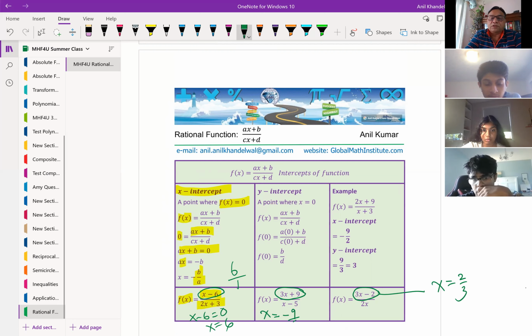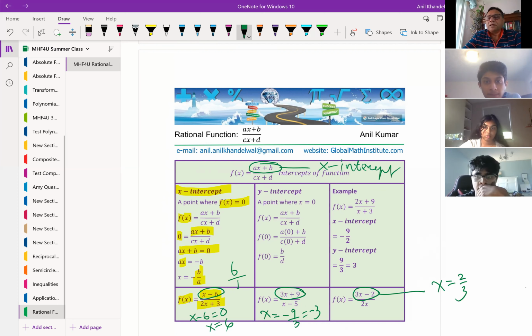So 9 over 3 will give you minus 3. You see how easy it is now? Any rational function of the form ax plus b divided by cx plus d will always have its x-intercept at minus b by a, correct? Basically, we are equating the numerator to 0 to get the x-intercept. Is that clear to you?